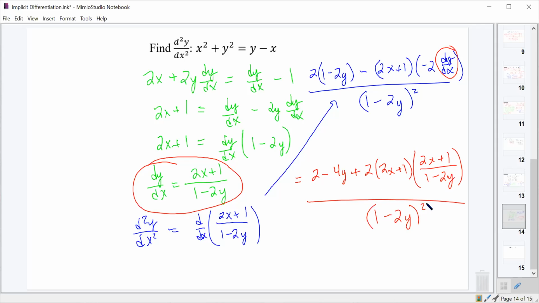Good enough. This is simplified enough for my liking, but if it's not simplified enough for your liking, you can always get a common denominator. This 1 minus 2y is already being divided by all of these things. But if you want to, you can multiply and divide by 1 minus 2y and then drop the 1 minus 2y into the denominator.